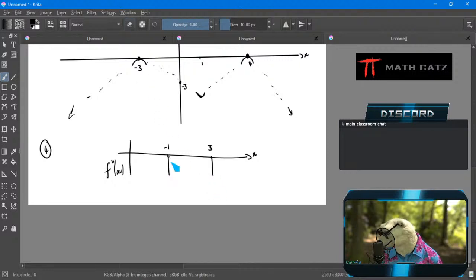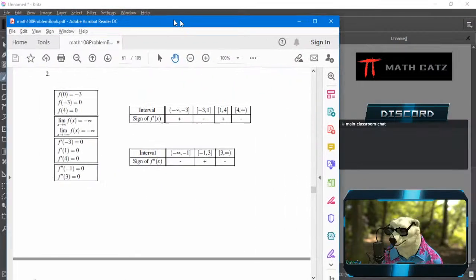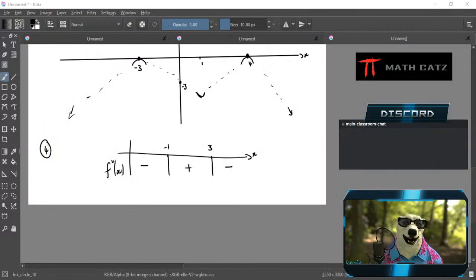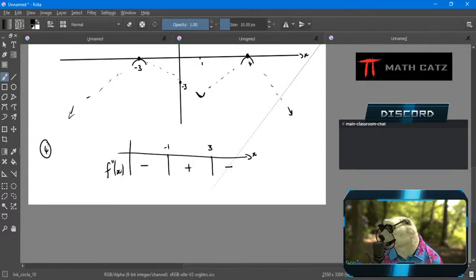Alrighty. Then I have a negative, a positive, a negative. And they tell me that the second derivative values at -1 and 3 are both 0, which for a polynomial they would be. If the first derivative is 0 in a polynomial, the second derivative is going to be as well. And I'm thinking polynomial, definitely.